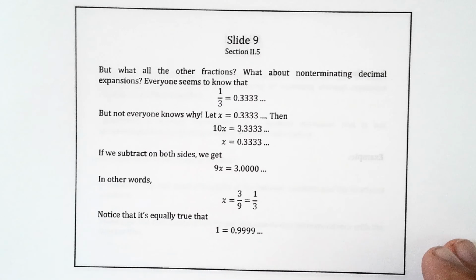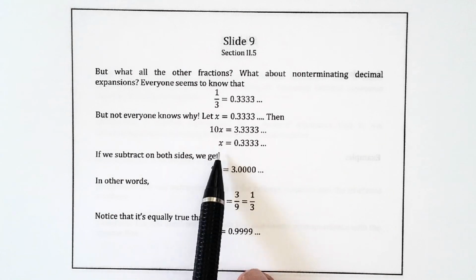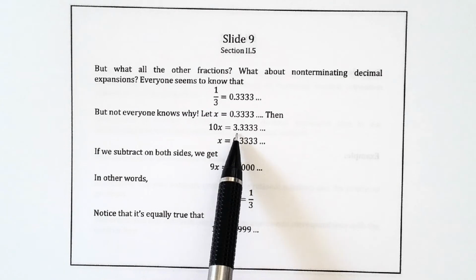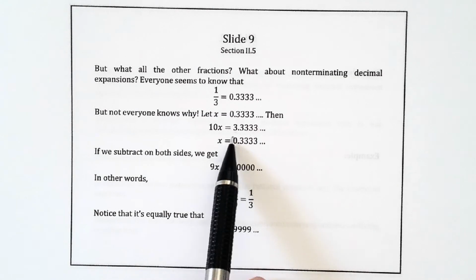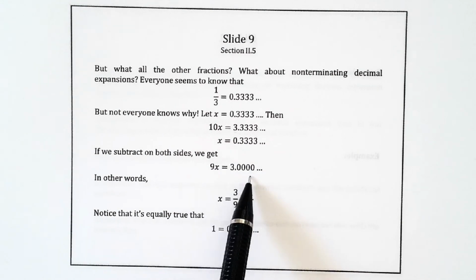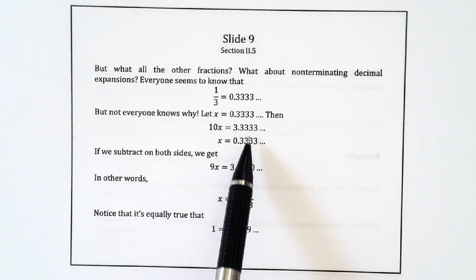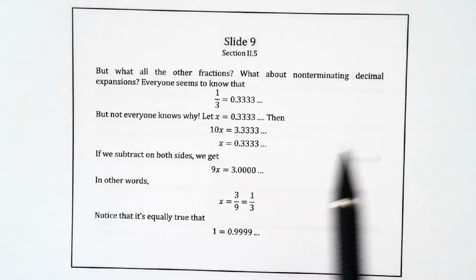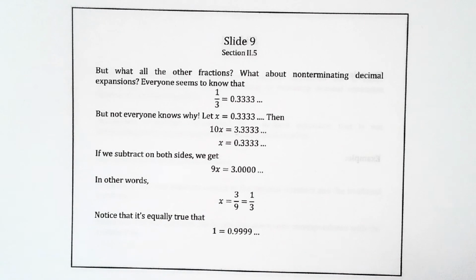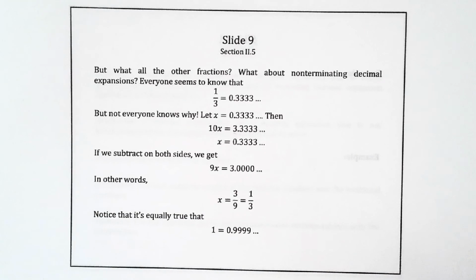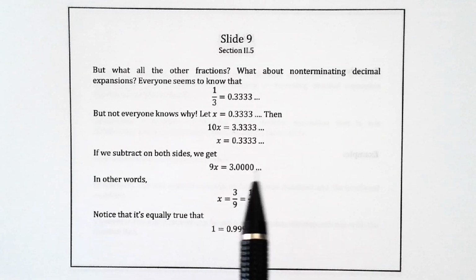So if I take the difference, 10x minus 1x is 9x. And then this number minus this number is going to give me just 3, because all the decimal numerals cancel out. And so I'm left with just 9x equals 3, which means that x is 3/9, which is 1/3.